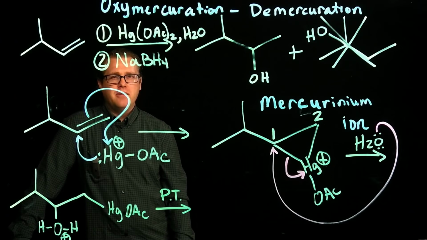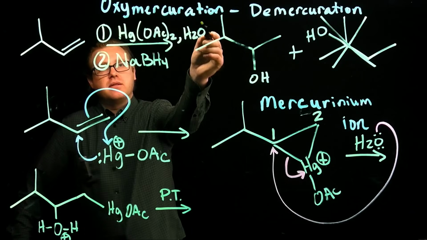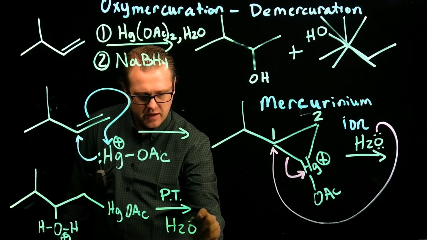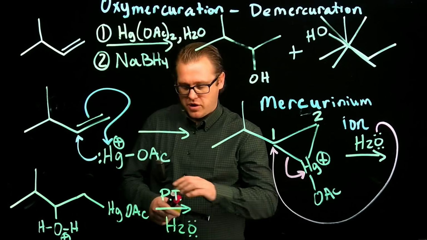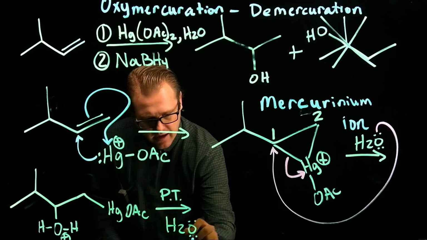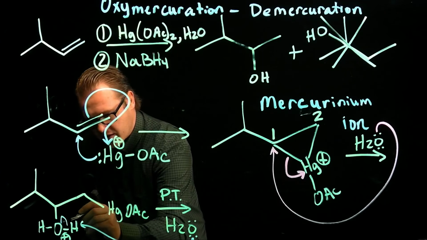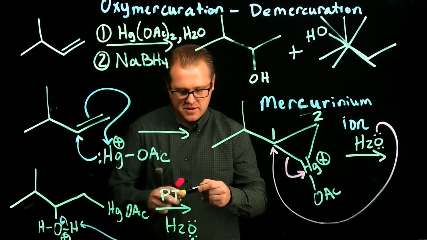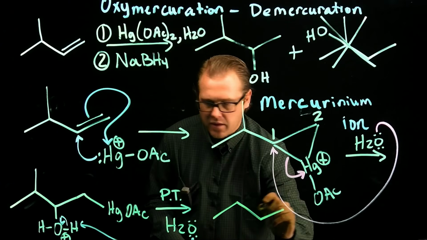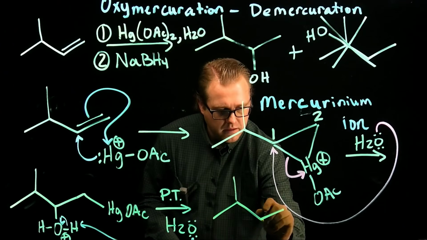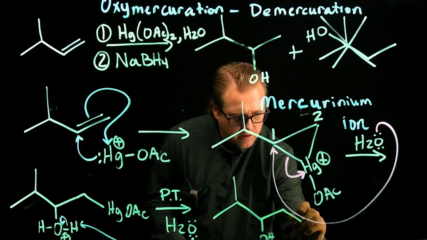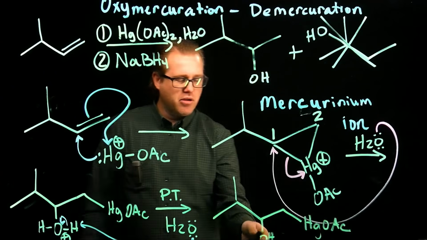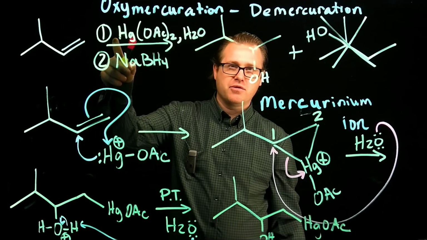Now, how would we do that? Well, there's a lot of water present. So we could envision a water molecule acting as a base going to come and do this proton transfer to give us this, OH, mercury. Okay. So that is the product after the first reaction.